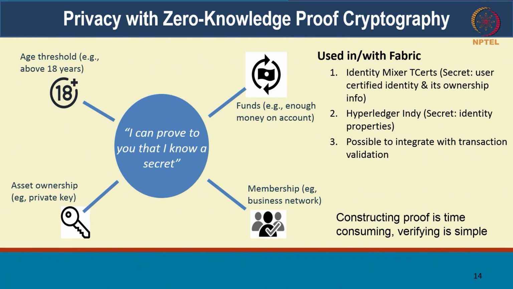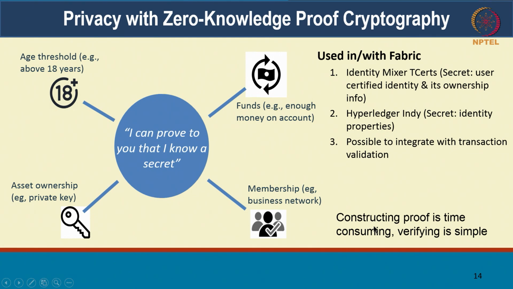So claims are issued by different people, and I can prove to you that I have a particular claim without revealing that claim to you, right? And it's also possible to integrate it with transaction validation. So this is with the state verification, whether the inputs and outputs of a transaction, it's possible to validate that. So I'll come to that in the next slide.